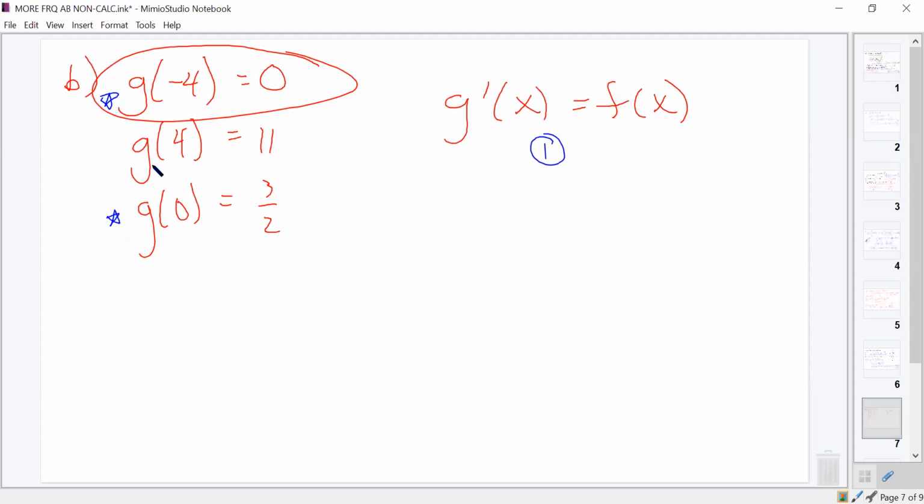You didn't have to identify 4. We should note that it could have been because it was an endpoint, but you didn't have to because g of 0 was already less than that. And then 1 point for the final answer. So 3 points for that. Good?